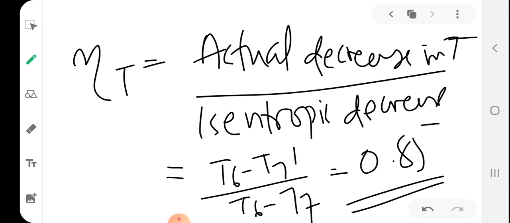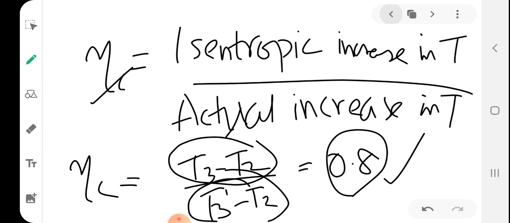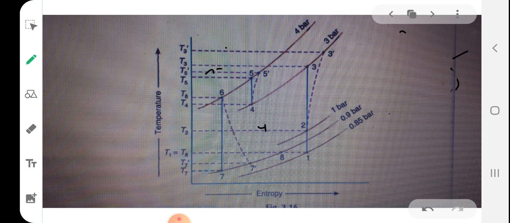Now we have to solve the problem. In order to solve it, it is better to find all the salient points. Even though it is not asked to find the different points, here T1 is given, temperature and pressure are there, but at point 2 only pressure is there, the temperature is not. Here also pressures are there, the temperatures are not known.